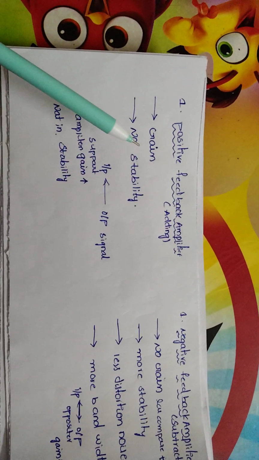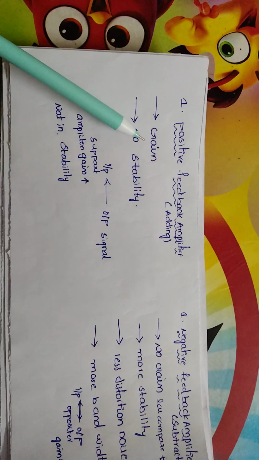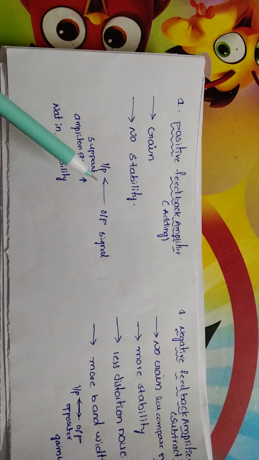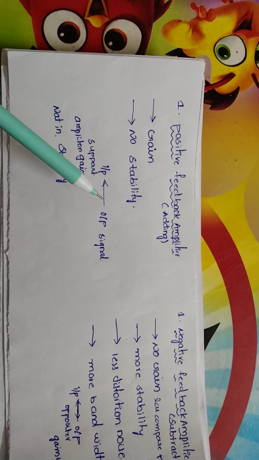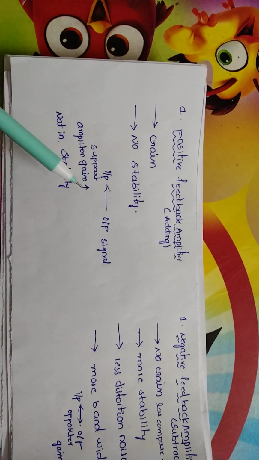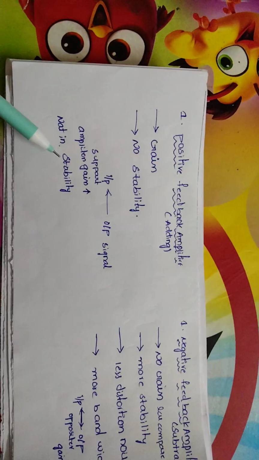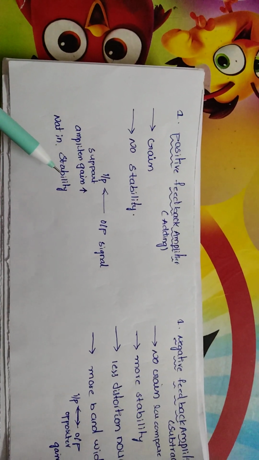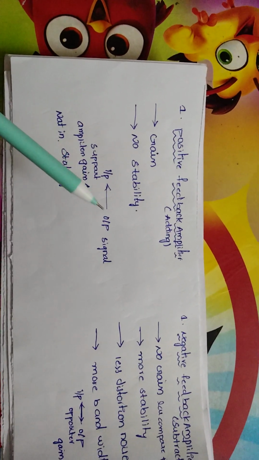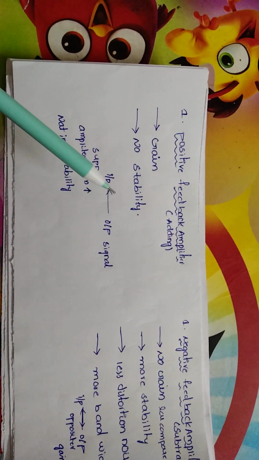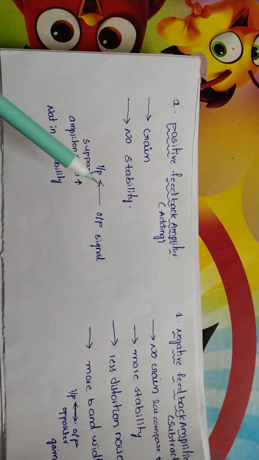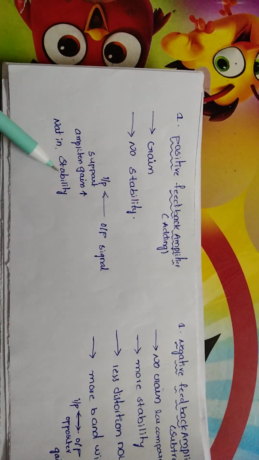In a positive feedback amplifier we have gain but no stability, because the output signal fed back to the input signal supports the increase in gain, but we do not have stability. Instability means the Q point, the operating point, is not stable, because the output signal is fed back to the input signal, so we cannot have a stable Q point.